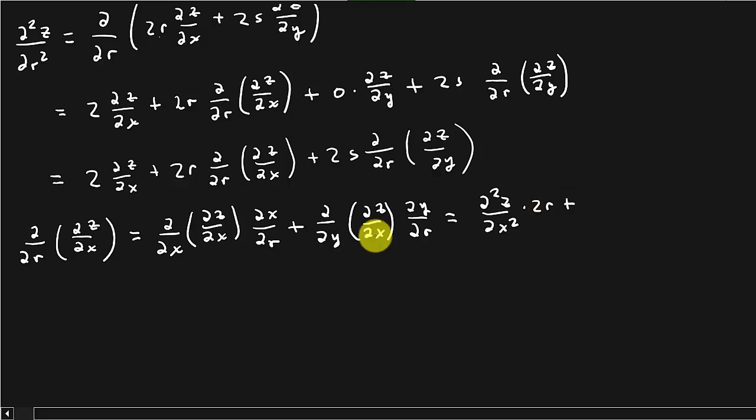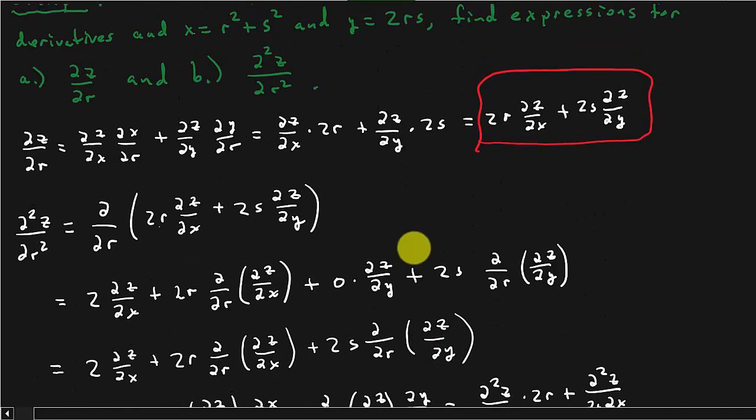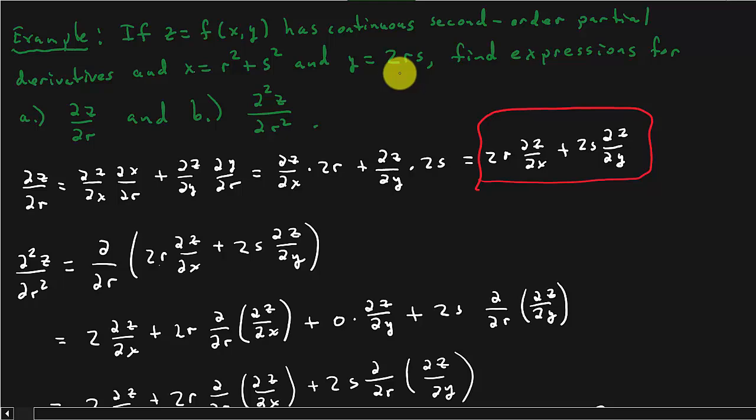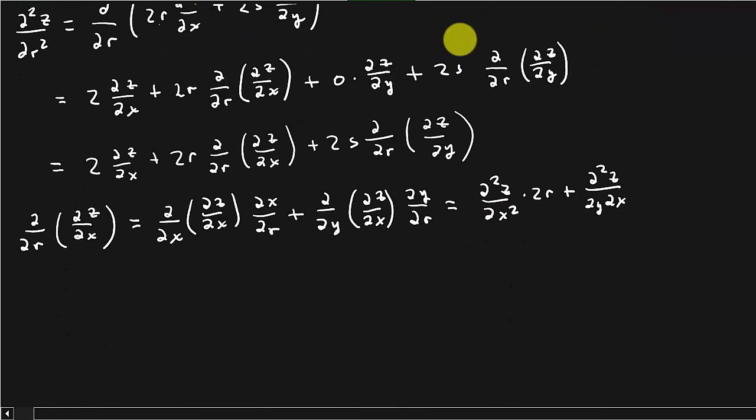Plus, and then this would be the second partial of z with respect to y and then with respect to x, and then times the partial of y with respect to r. Partial of y with respect to r would be 2s. So that would be times 2s.